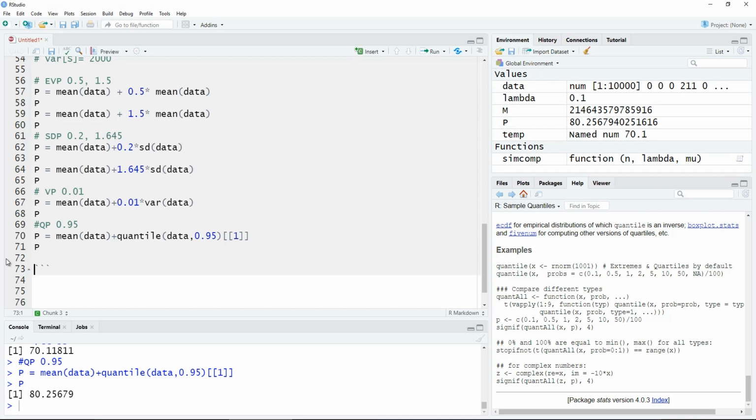Okay, let me check the quantile principle once again.